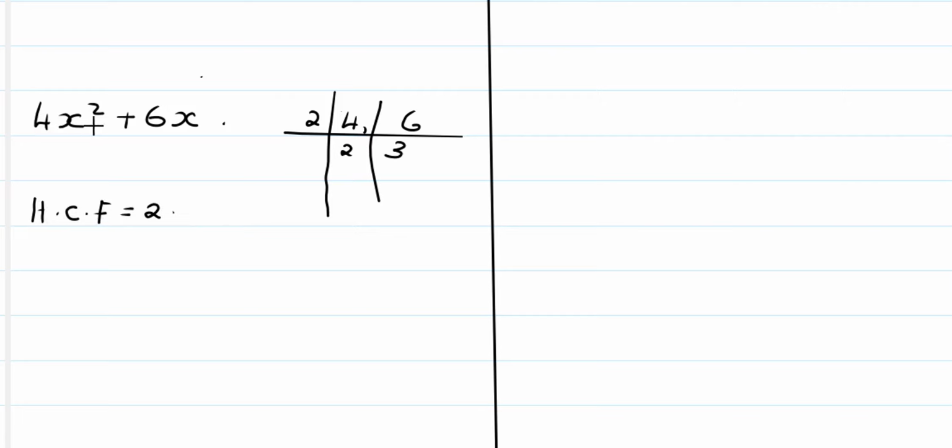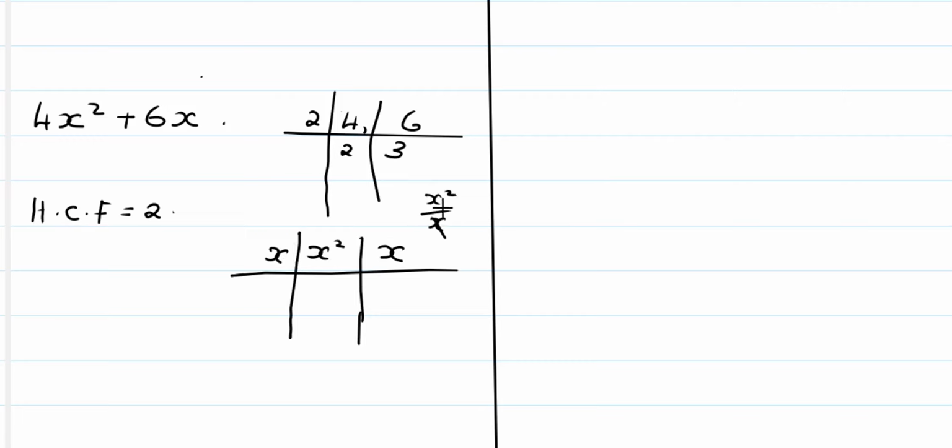But then we have x squared here and x here, so we also need to find the HCF of those two. We repeat the same process. We have x and x, so I start by dividing each of these by x. x squared divided by x remains x, and x divided by x will be 1.